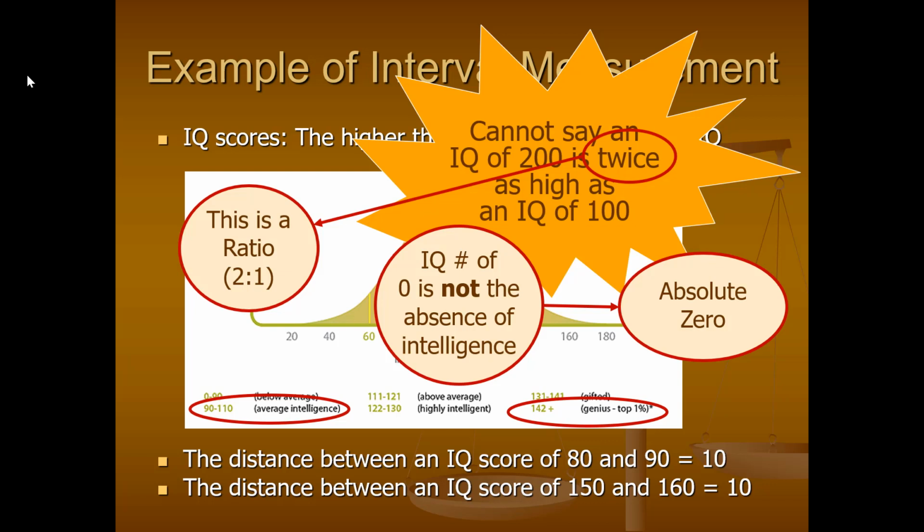In order for us to make statements like ratios and to do a higher level of analysis, we would need to go up one level of measurement. At this point, with interval level, the only additional piece of information we have that's different from ordinal is that the distance between numbers has some meaning.